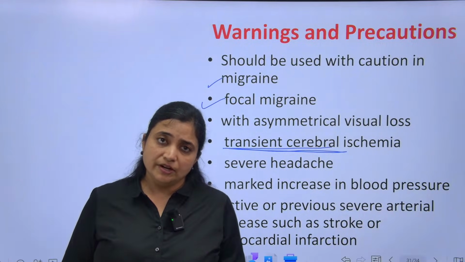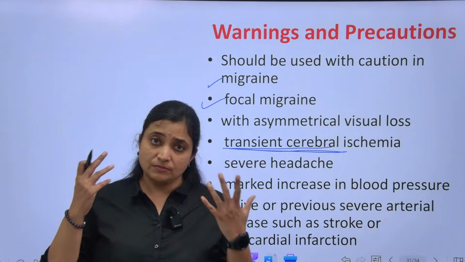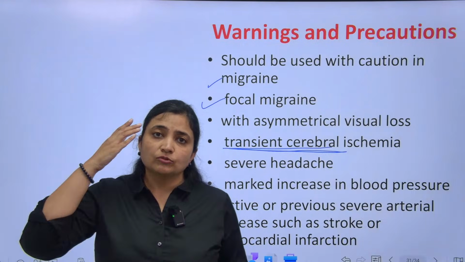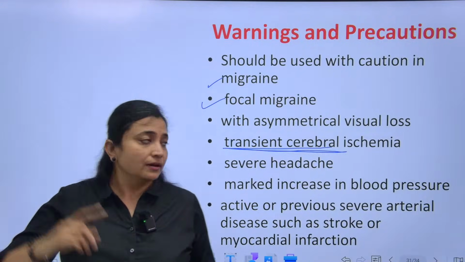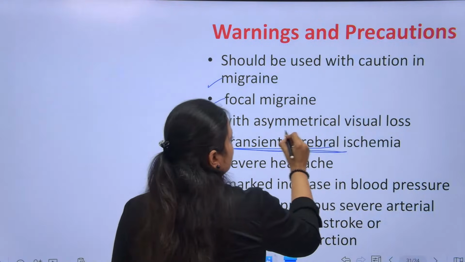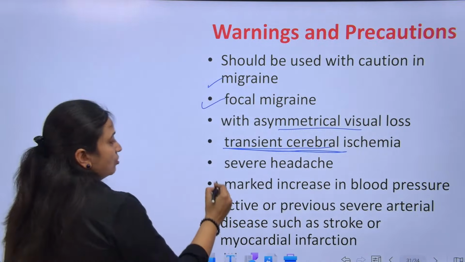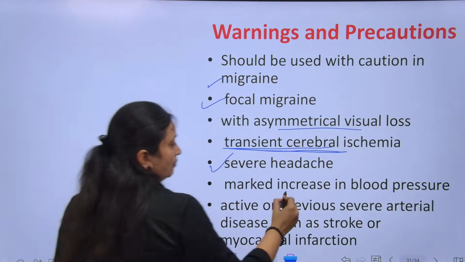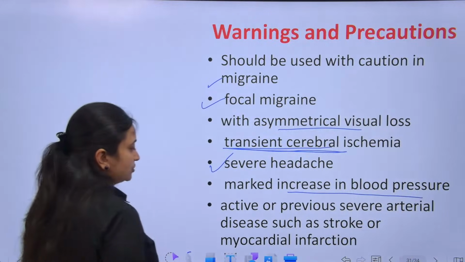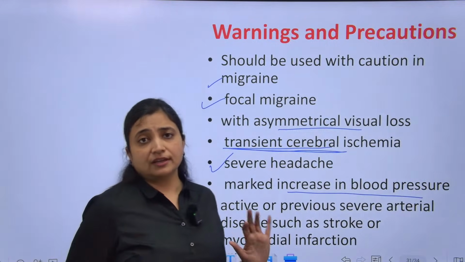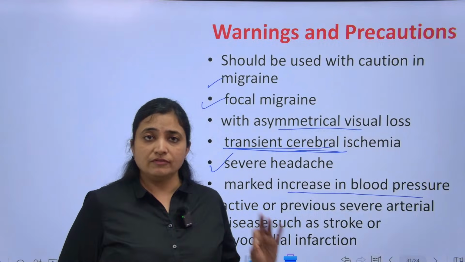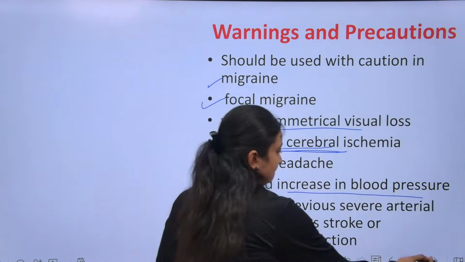There could be blood pressure rise, there could be some thromboembolic disorder in the brain. So any sort of asymmetrical visual loss or severe headache or marked increase in blood pressure, we have to be very careful in such cases and always look for such signs.